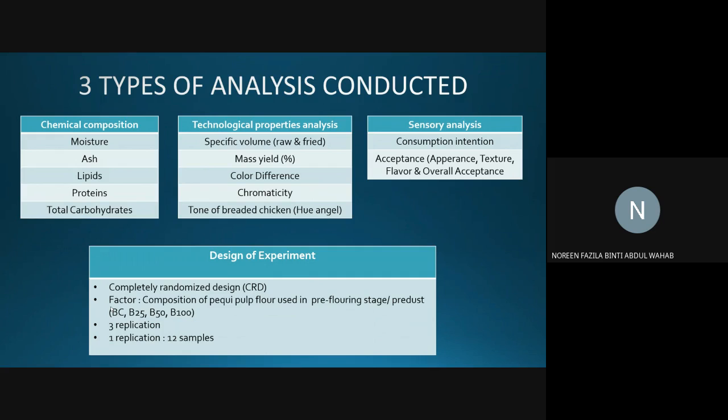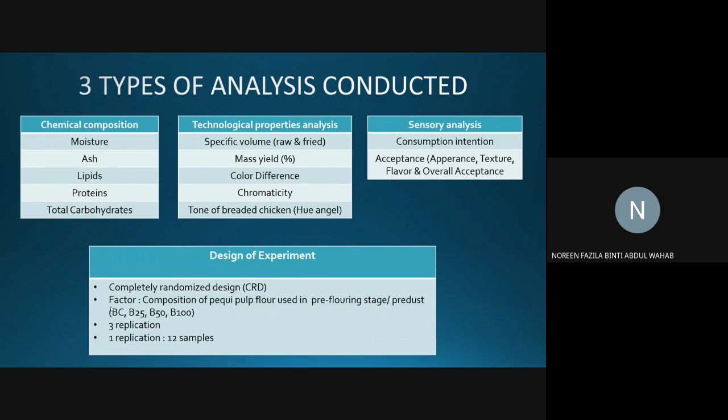While the technology properties analysis conducted is to determine the specific volume, raw and fried, percent of mass yield, color difference, chromaticity, and tone of breaded chicken. And sensory analysis are consumption intention and acceptance, which comprise of appearance, texture, flavor, and overall acceptance.